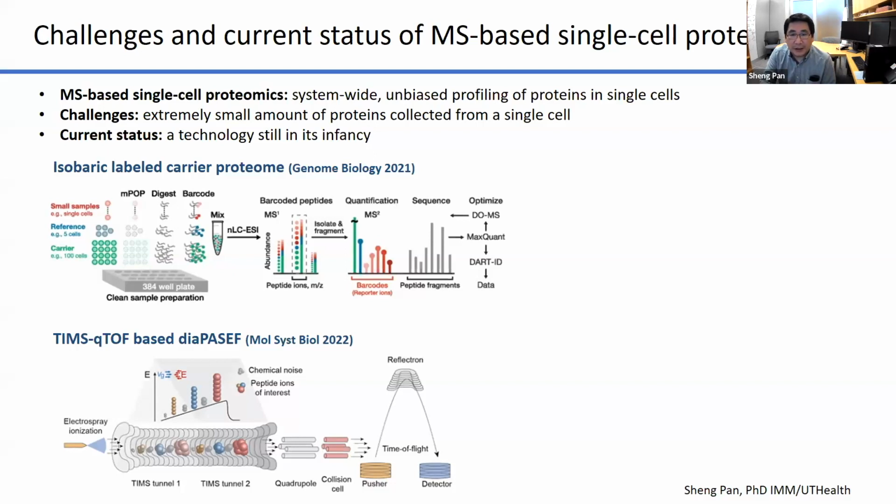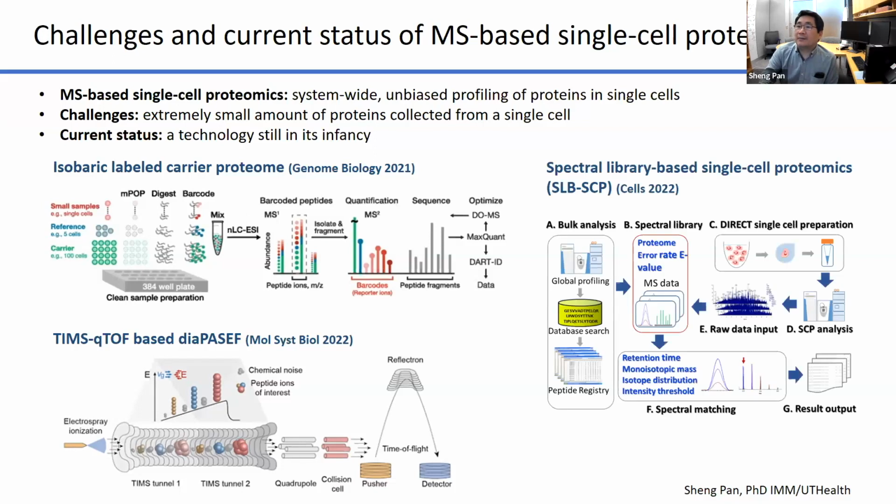They use a DIA-PASEF protocol to acquire their single cell data, and again this technology was able to identify more than 2,000 proteins without using a carrier proteome.